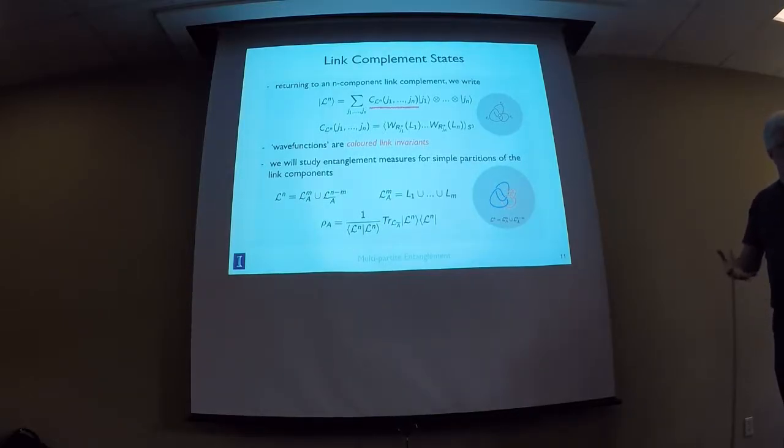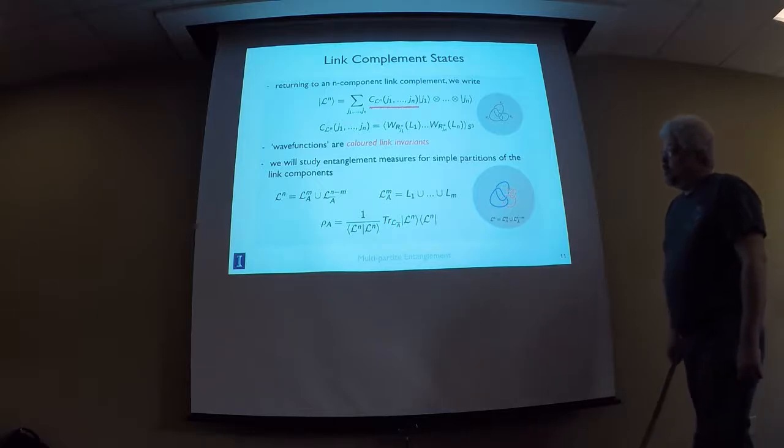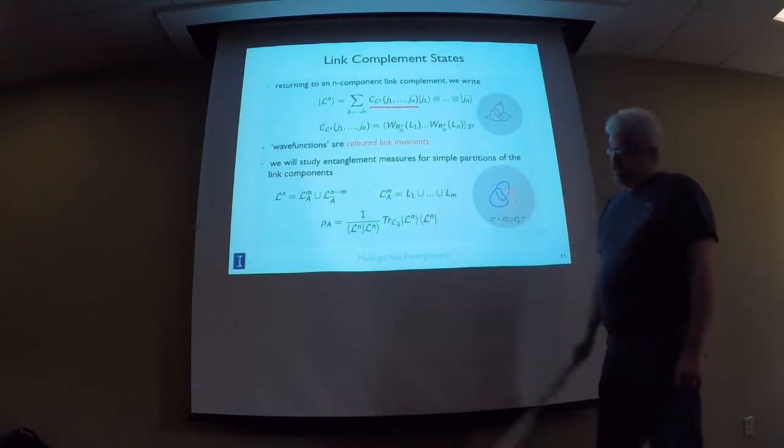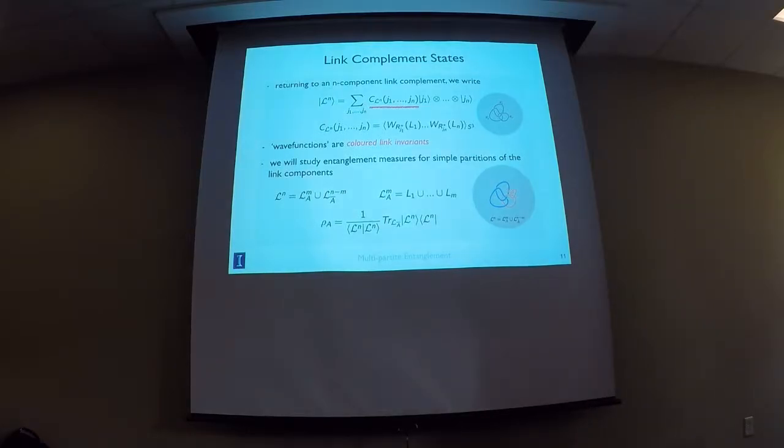Okay, and that is the Chern-Simons path integral with specified Wilson loops present. Okay, so this is the claim. So these things are called colored link invariants.